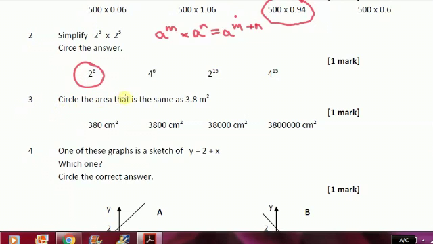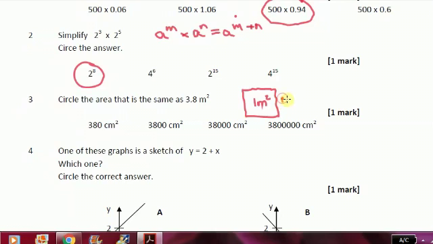Question 3. Circle the area that is the same as 3.8 square meters. So you have to think, what is a square meter? Square meter means the square, which is 1 meter by 1 meter. And each meter is 100 centimeters.